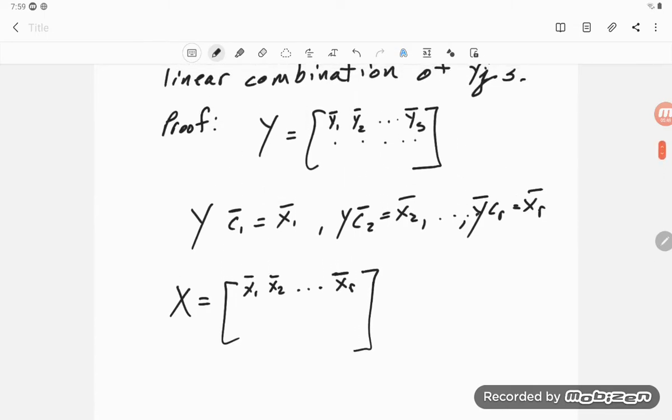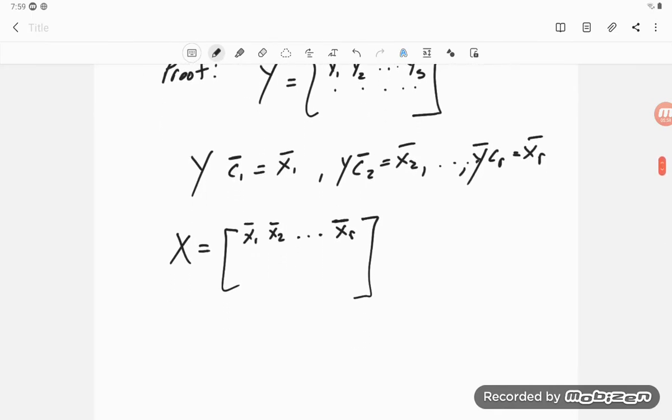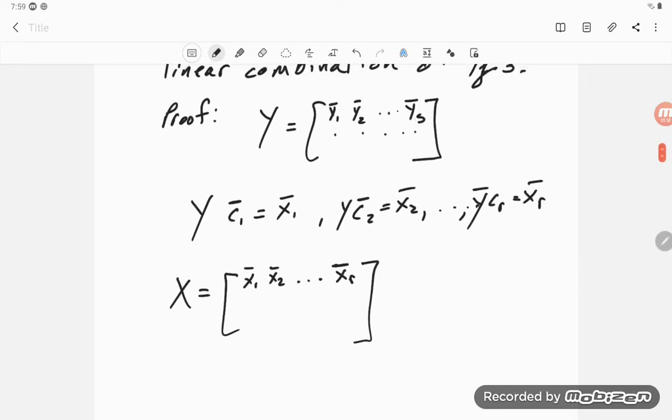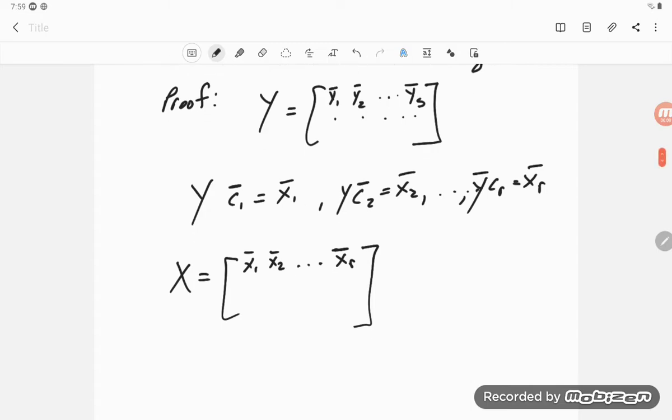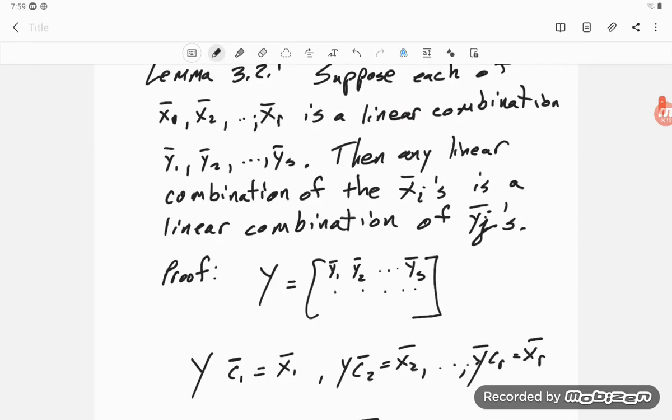Now, here's also a subtle thing that may not jump right out at you: again, there may be a different number of vectors here, but actually all these vectors are the same dimension, so maybe dimension n or something like that. The number of rows is the same for all of these. Okay, so now it says any linear combination of the xi's is a linear combination of the y's.